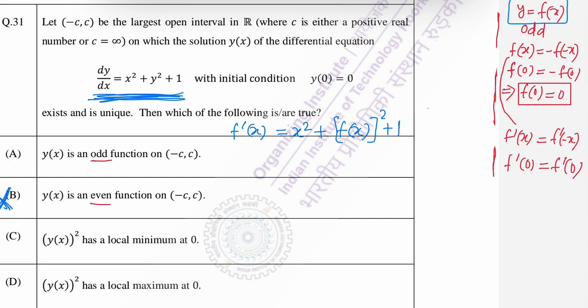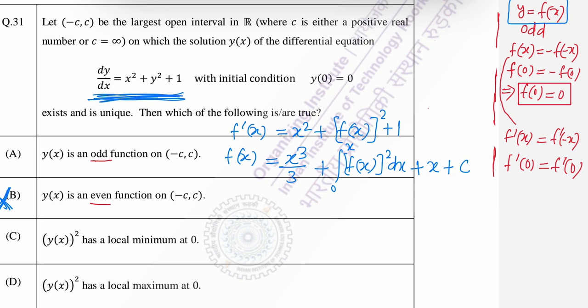Very simple. Now integrate both sides with respect to x, taking the lower limit 0 and the upper limit x. Then you have f(x) equals x cubed by 3 plus the integral of f(x) squared dx from 0 to x, plus x, and here a c, the constant of integration.